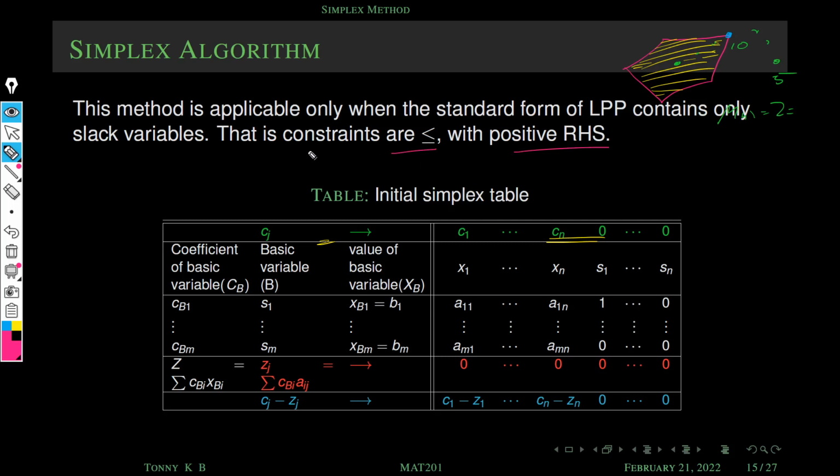So the simplex method is applicable only when all the constraints are less than or equal to type with positive RHS. If at least one RHS is negative, you cannot apply the simplex algorithm. In such situations, you can apply the dual simplex method. That is the advantage of the dual simplex method over the simplex algorithm.